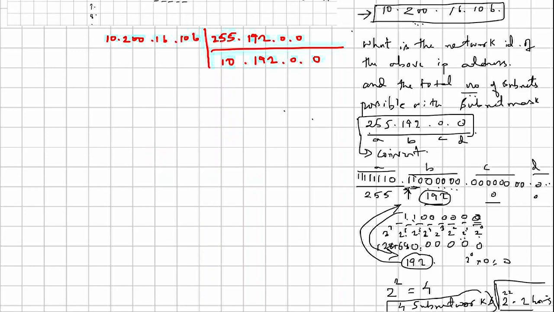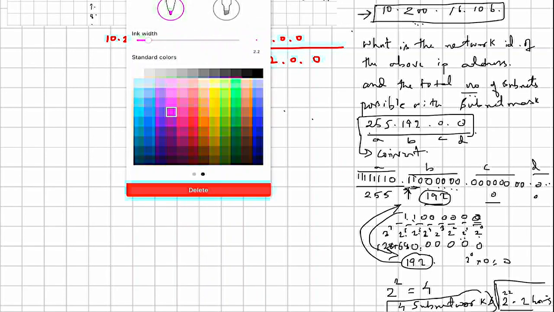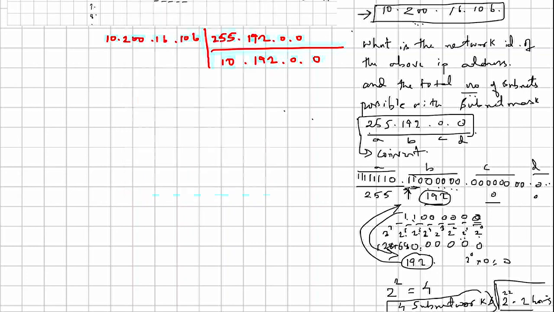Now, this is the network ID, this is the actual IP, this is the subnet mask.